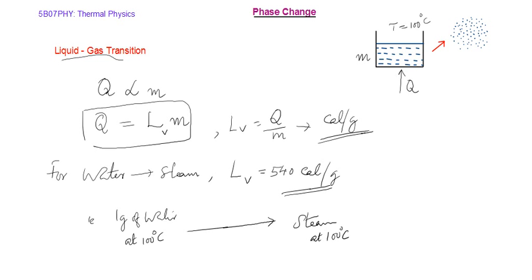For 1 gram you have to supply 540 calories. This is the meaning of latent heat of vaporization.